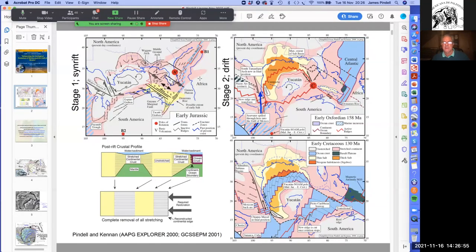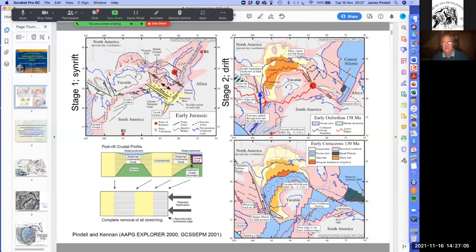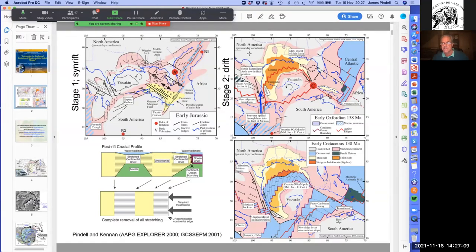So we have two primary steps going forward in time. First, we have the rifting history, and that involved northwest, southeast extension. And then that produced this reconstruction. And then the second stage is to rotate the Yucatan block down to its final position. And that second stage makes the oceanic crust.